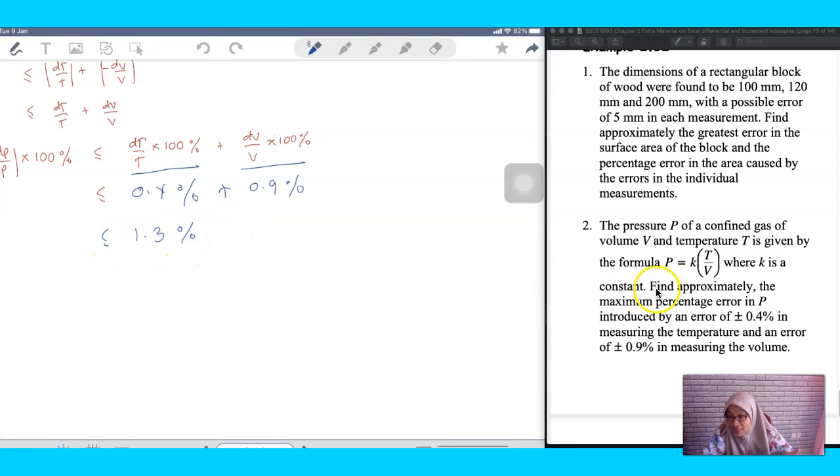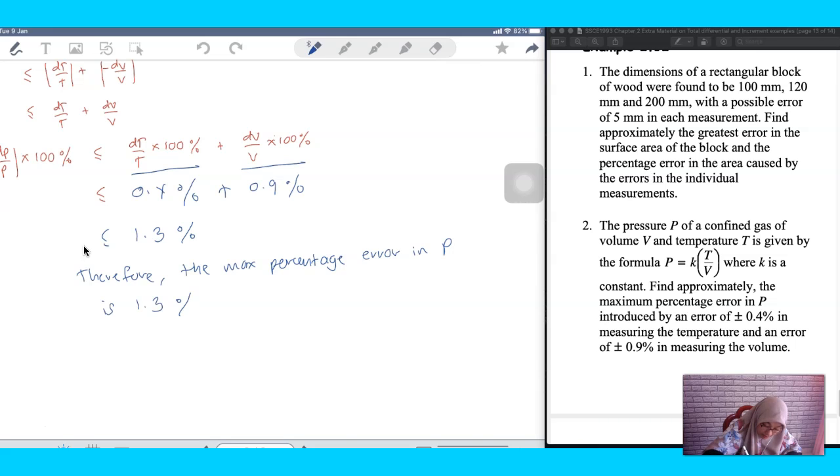So back to the question, obtain the maximum percentage error. From this inequality, you can say that therefore the maximum percentage error in P is 1.3%. That is your answer.